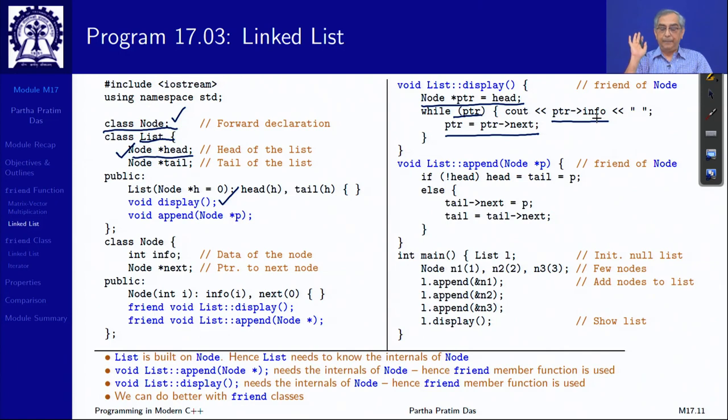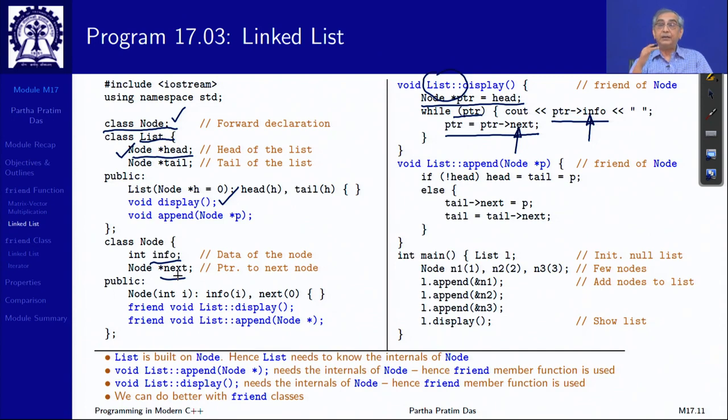Now, this function display is logically a member function of list, because there is no sense of displaying a node as such. So, this is a member function of list, and it is trying to access the private data of node, again a violation.